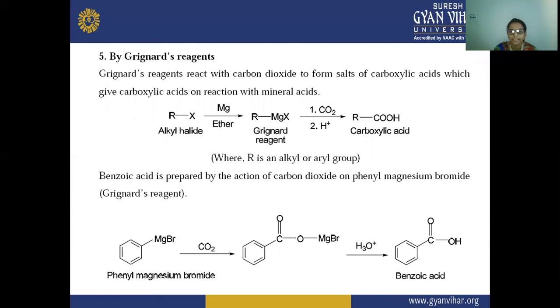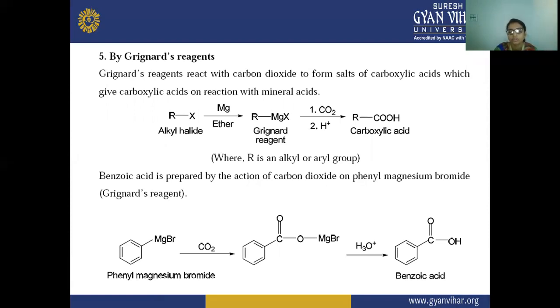An alkyl halide is reacted in the presence of magnesium and ether, and there is a formation of the Grignard reagent. The magnesium gets attached to the alkyl group, forming the Grignard reagent.